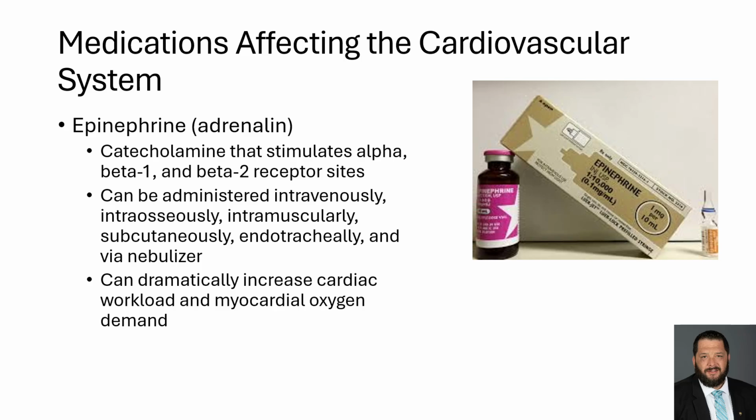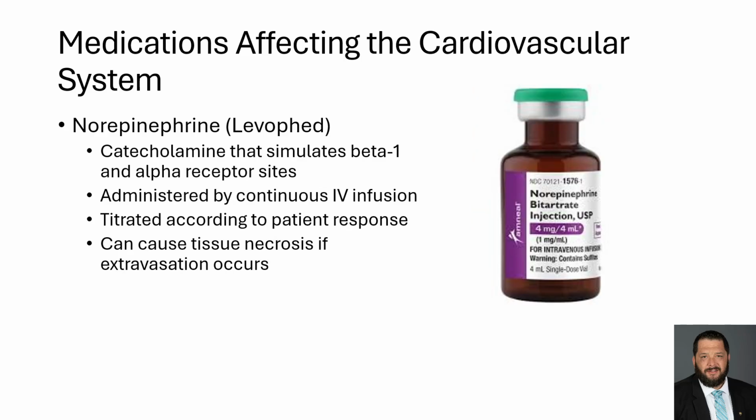It can be administered subcutaneously and endotracheally and via nebulizer for certain respiratory conditions, specifically when it is the racemic preparation of epinephrine. It can dramatically increase cardiac workload and myocardial oxygen demand, and really should be used with caution in patients that you suspect having a myocardial insult or an event.